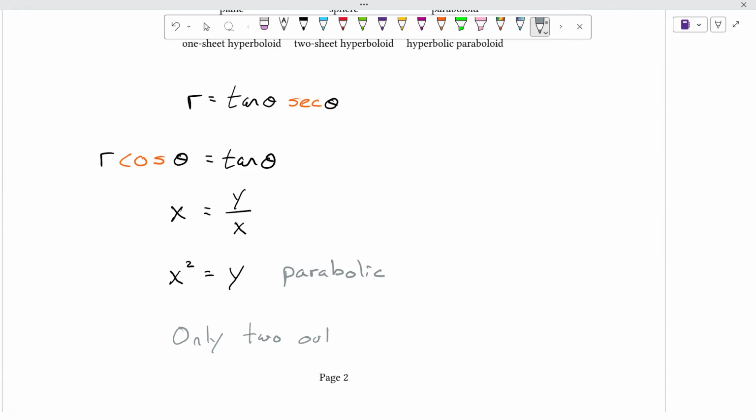Only two out of three variables. Right? I don't see a z anywhere in my equation. So if I can express my surface with only two of the three variables, that means I've got a cylinder. Because this shape does not change at all in the z direction.